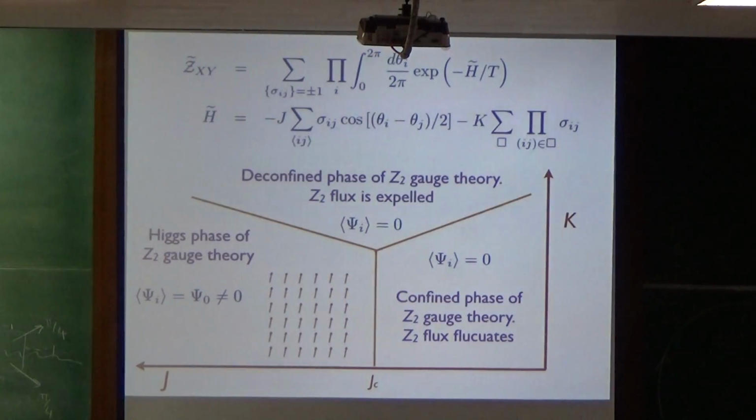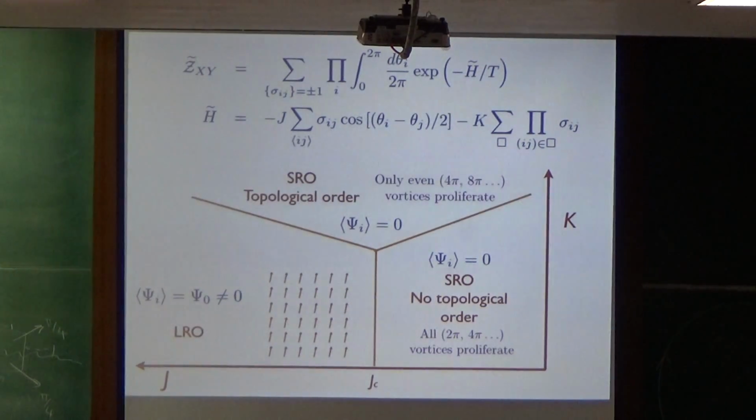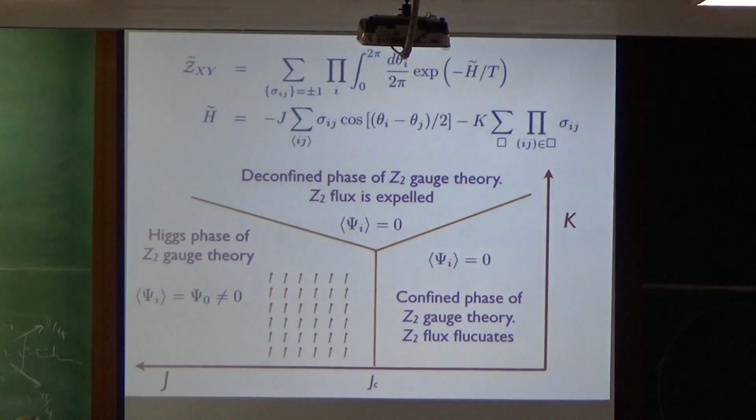Okay, roughly speaking, in terms of the Z2 gauge theory, what happened here, as we just saw, is that you have no odd vortices. But every odd vortex was associated with the flux of the Z2 gauge field. So this is a phase where the flux is expelled, and here the flux is fluctuating. And this is what particle physicists call deconfined and confined phases.